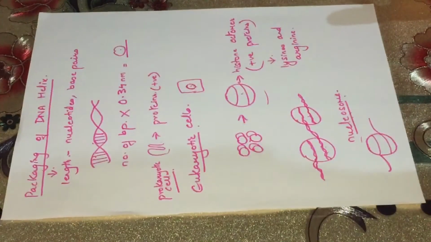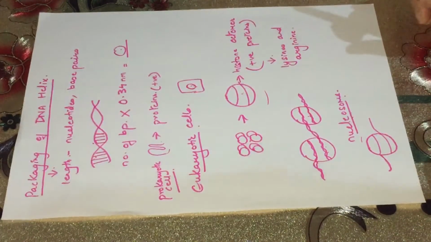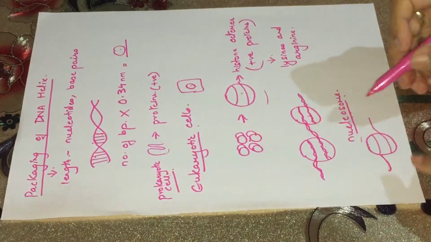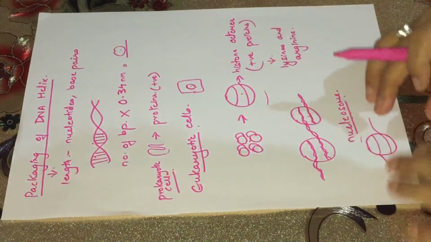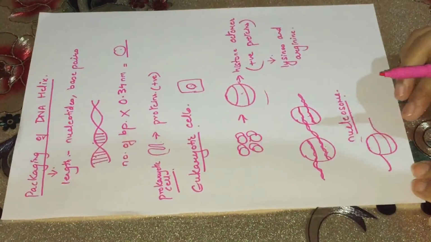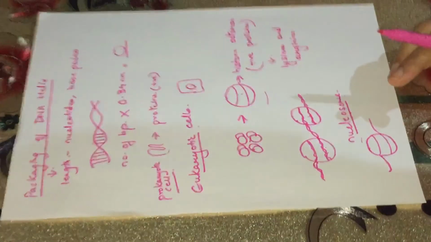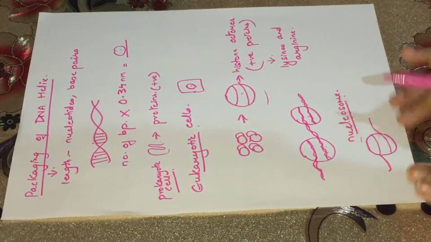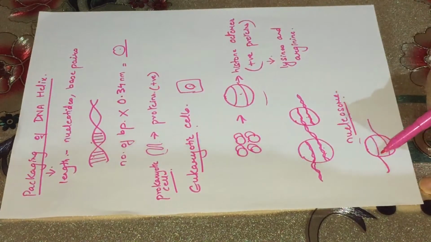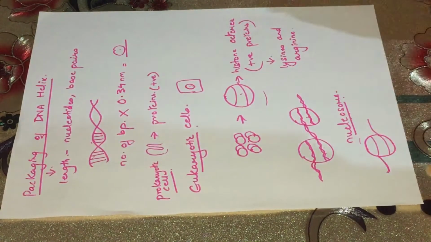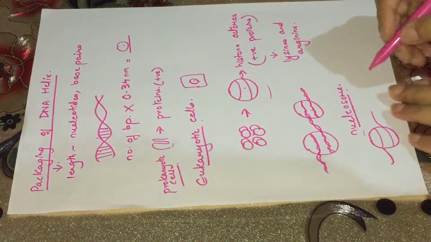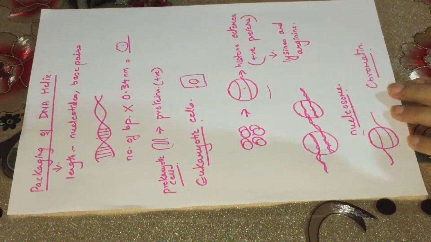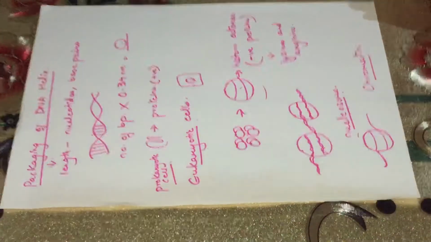There are so many nucleosomes, and when they are seen, it appears as beads on a string. These structures are nothing but chromatin. This wrapped DNA structure is called chromatin.